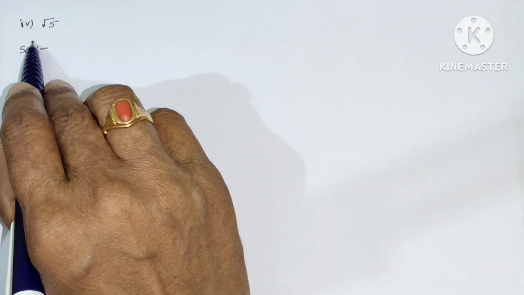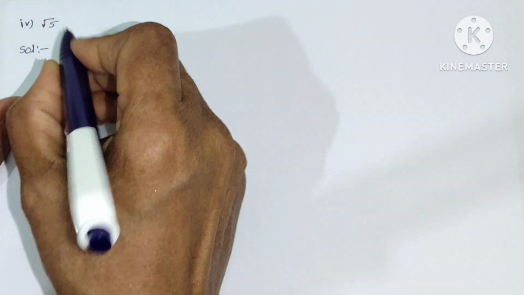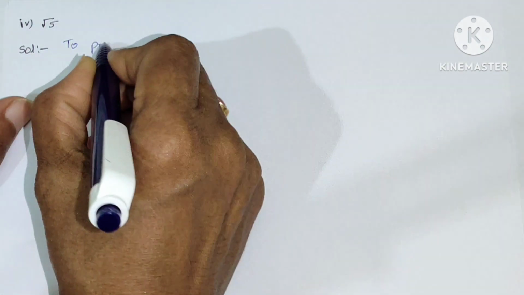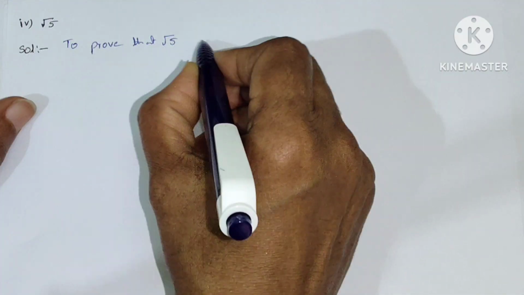So next, the fourth one, root 5. We prove that root 5 is an irrational number.